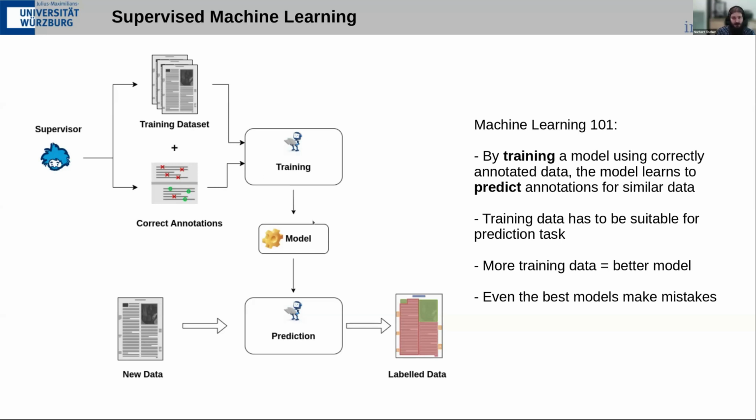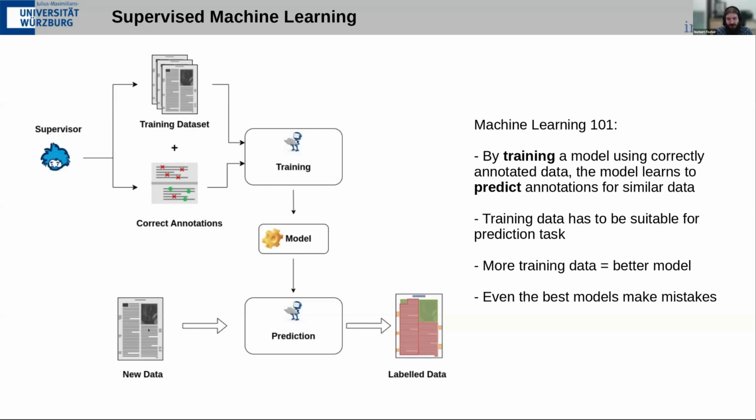During training, we train a model on our training dataset with the correct annotations to predict these annotations for the dataset that we've given it. Then the model learns to predict annotations for new data, which we can then feed to the model in a prediction step in order to get hopefully correctly annotated data for the new data.